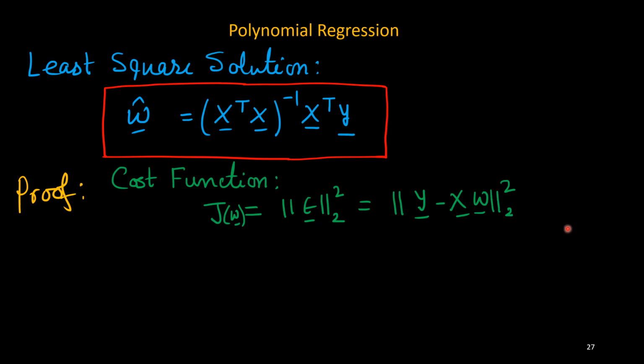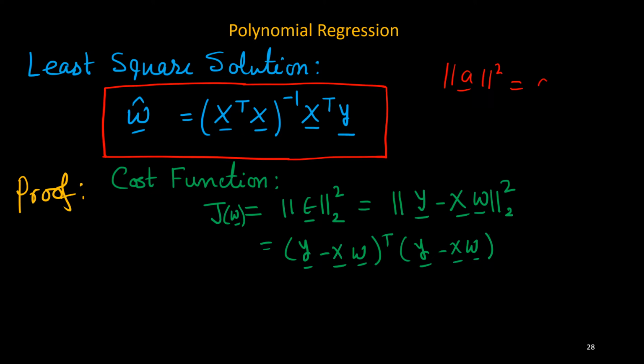This L2 norm square we can rewrite as its transpose times itself. For the norm of a vector, the square we can write as a transpose a, where we are considering that a is a column vector.